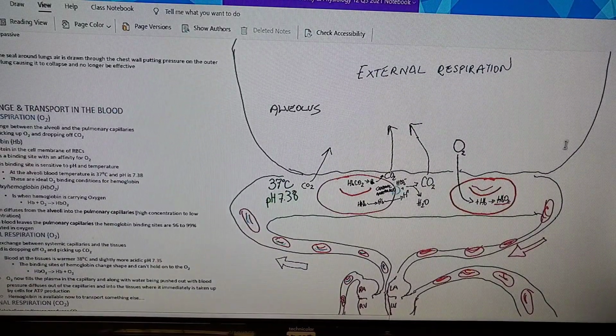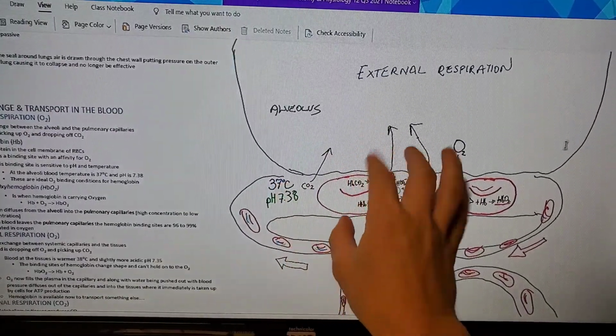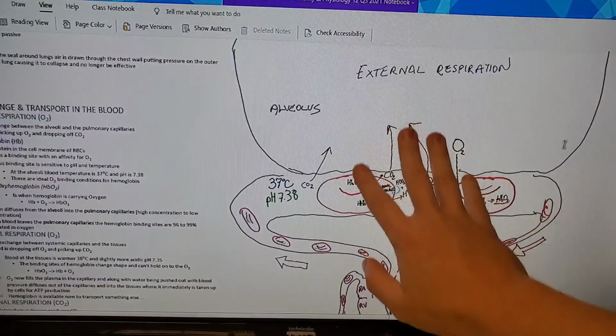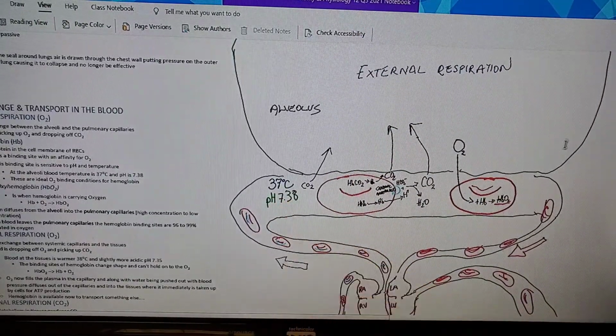And what's happening here now is the conditions change. It's cooler here because this is the outside world, and it's more basic here. And so hemoglobin changes shape again. The tertiary structure changes shape again.